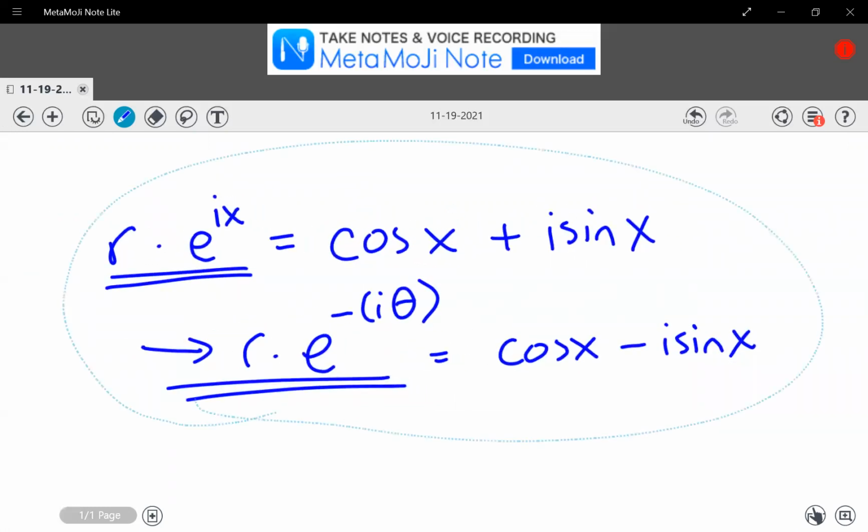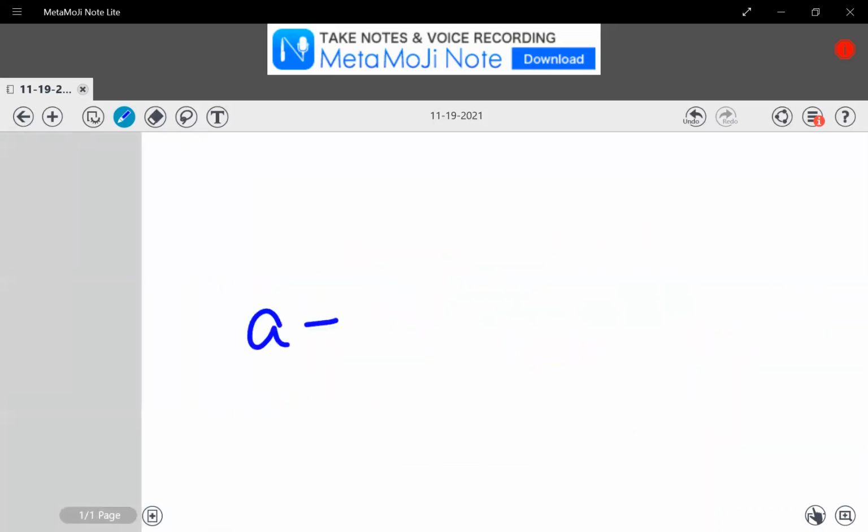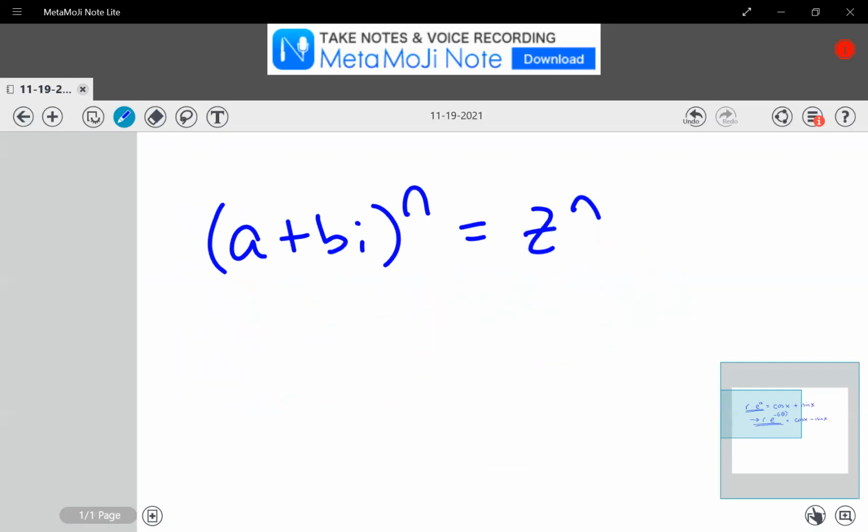So let's say we want to have an exponent. Let's say we've got A plus Bi to the power of n. That's just going to be like our z to the power of n, all right?